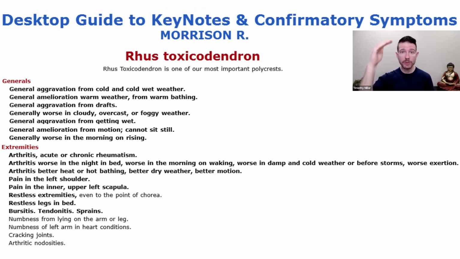So we'll start with our A's, we'll come all the way down to our R's, like Rhus toxicodendron. And here we can read about that medicine. Just like the repertory goes chapter by chapter, here we have generals, extremities, back. It's organized differently based on the specific book.